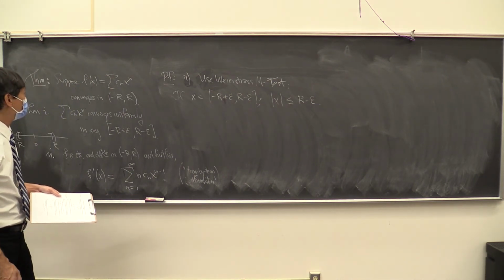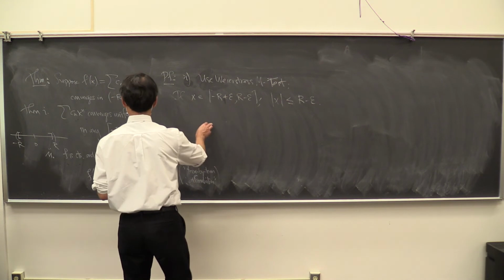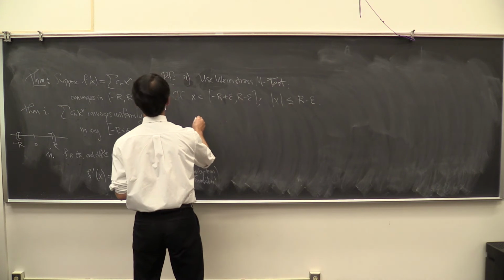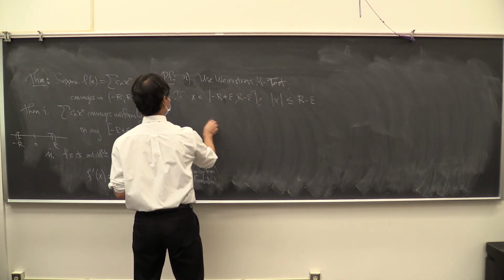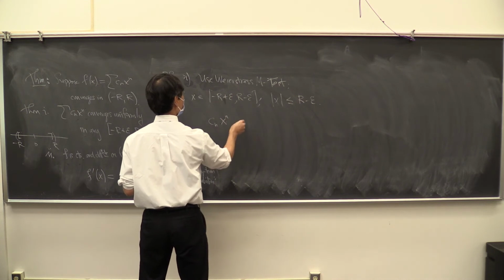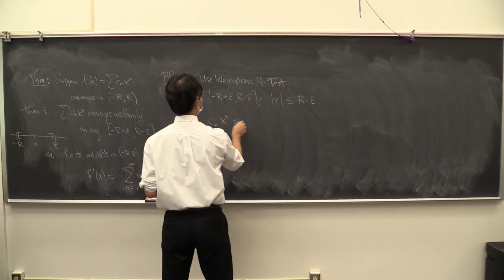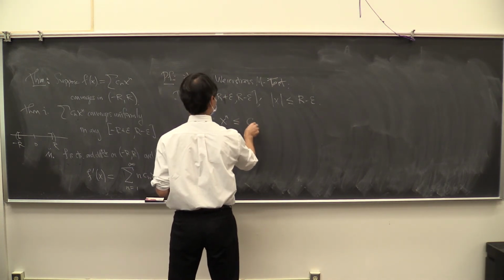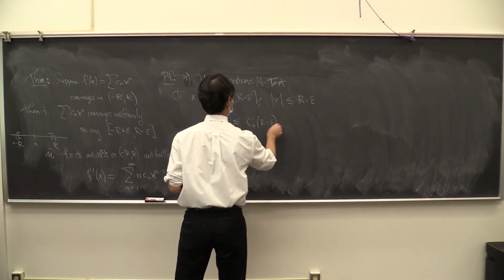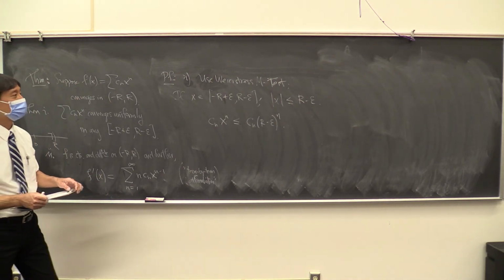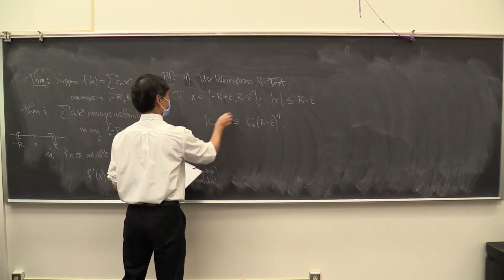But then we get that the absolute value of c_n x^n is smaller than |c_n| (r minus epsilon)^n, if I take the absolute values.